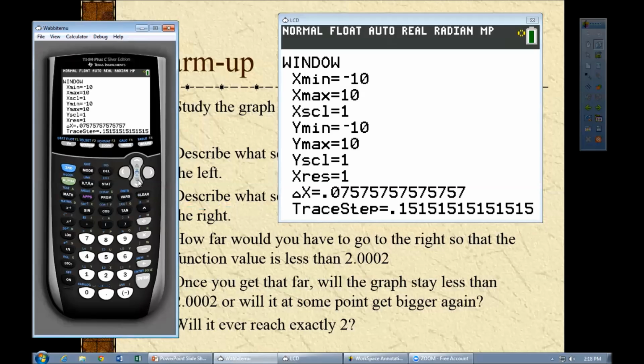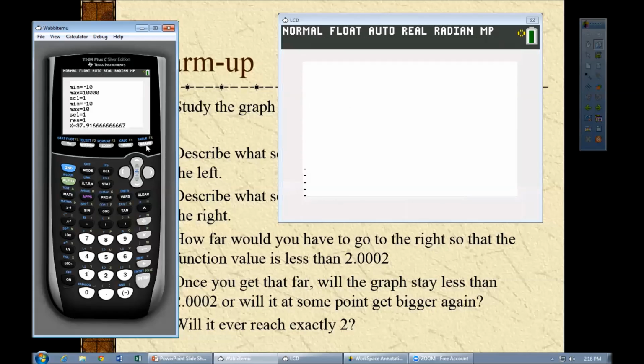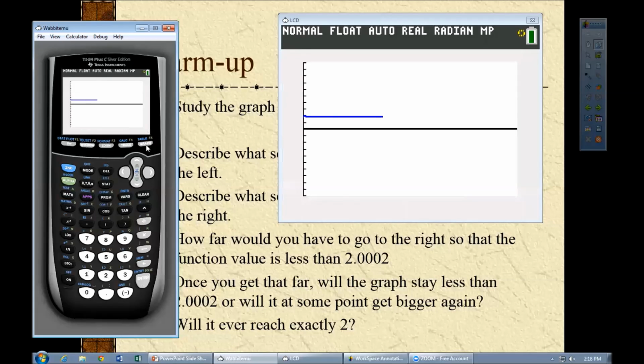Let's say our window is maybe negative 10 up to 10,000. Let's take a look at that graph. So we can just barely see anything to the left, but we do see that this function seems to just continue off there in a straight line. So I wonder if that really is a straight line.